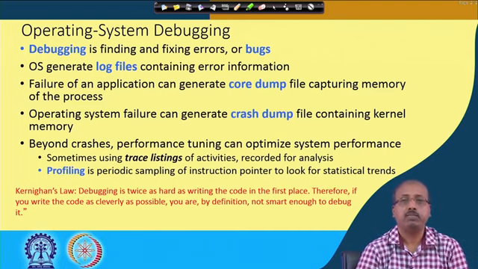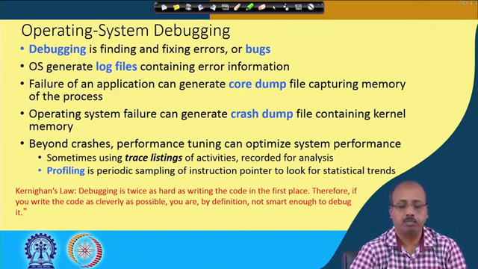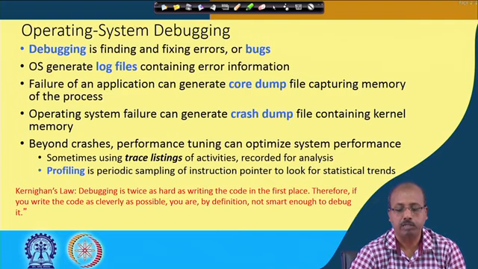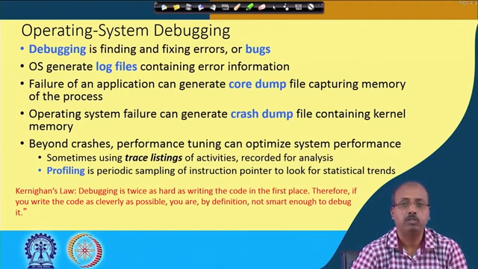Many times, if we are running a program, it comes across some extraordinary situation. Say I have a division by a variable y, k equal to x by y, and somehow the value of y becomes 0. That is a divide by 0 error. Now, how did y become 0?